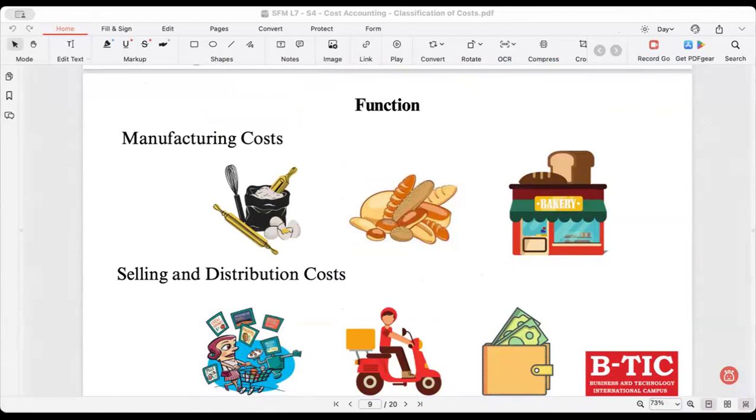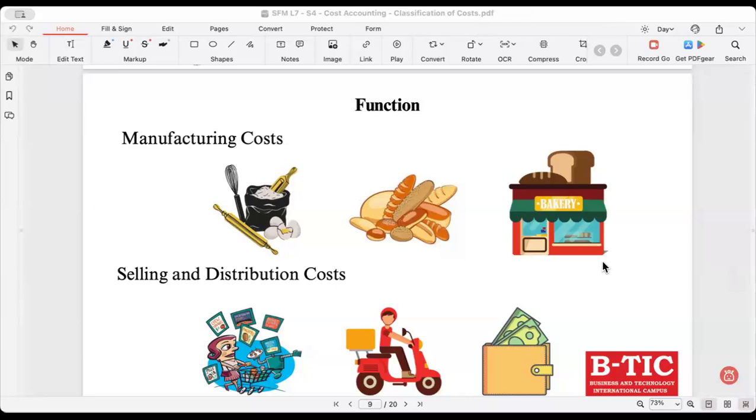Manufacturing cost is the cost of operating the manufacturing division of the organization. So it includes the cost of direct materials, direct labor, direct expenses, and all the costs that are directly related to the production of the product.